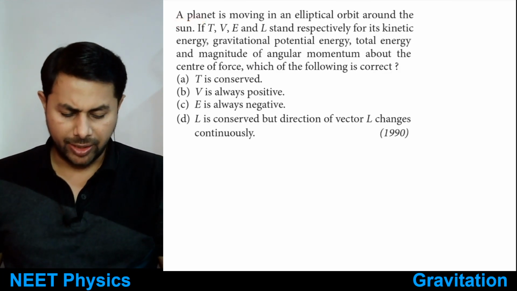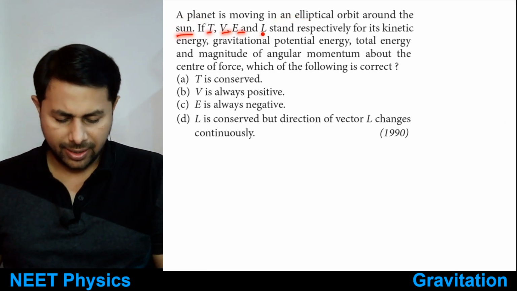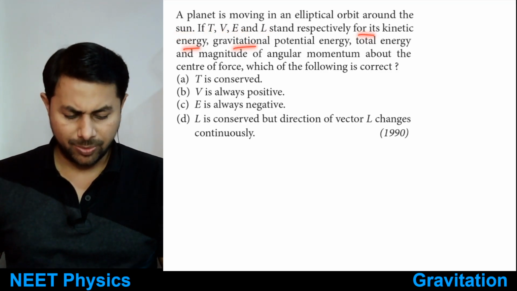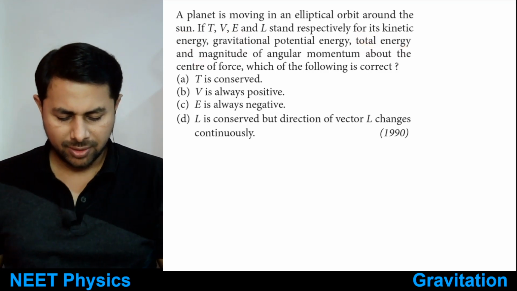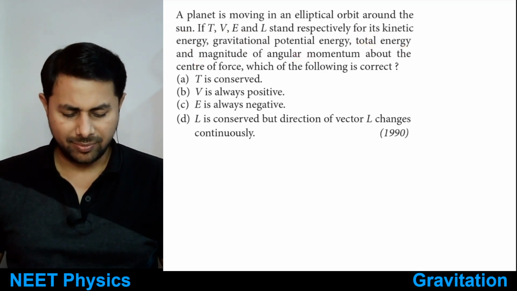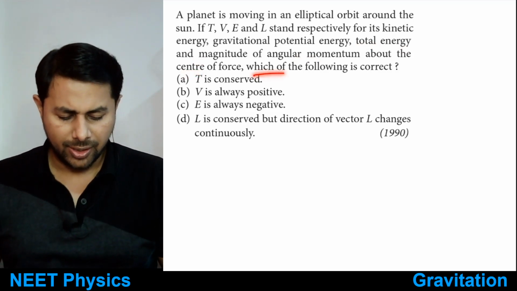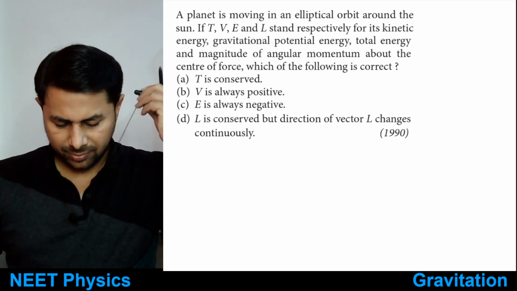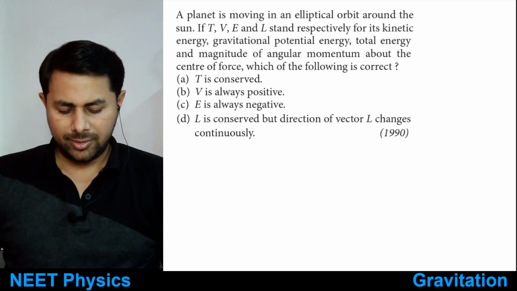A planet is moving in an elliptical orbit around the sun. If T, V, E and L stand respectively for its kinetic energy, gravitational potential energy, total energy and magnitude of angular momentum about the center of force, which of the following is correct? Tell me. T is conserved.